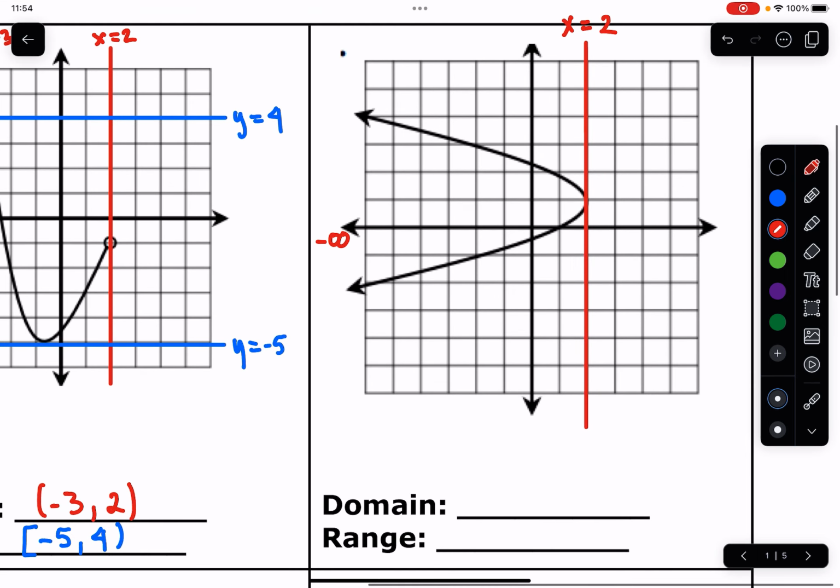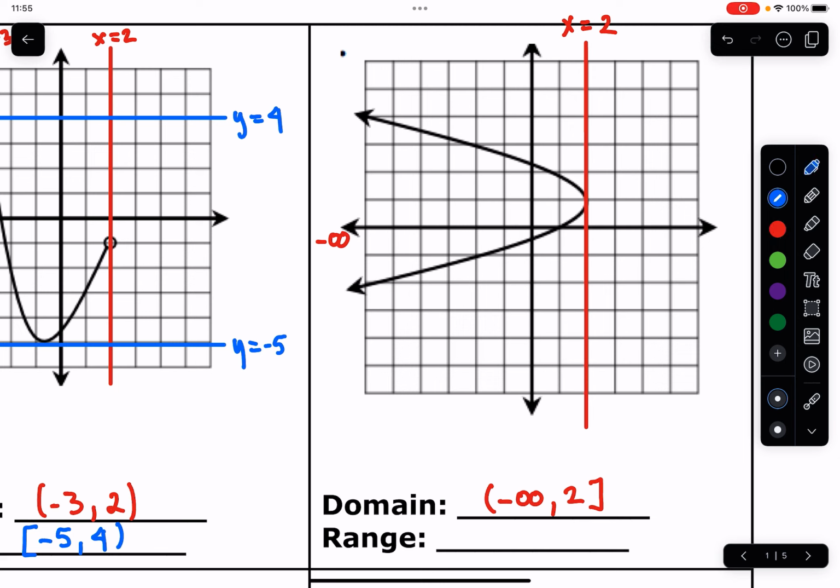So the domain for this thing is going to be all of the x values from negative infinity to positive 2. And since we can't technically reach negative infinity, we use an open parenthesis on the left end, because it's unbounded. But on the right end, it's bounded by 2. The graph does not exist any further than 2, and because it is not an open endpoint, there's a closed point there. We're going to use a closed bracket.